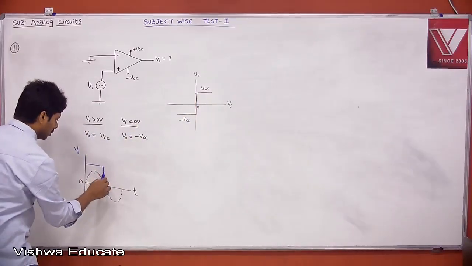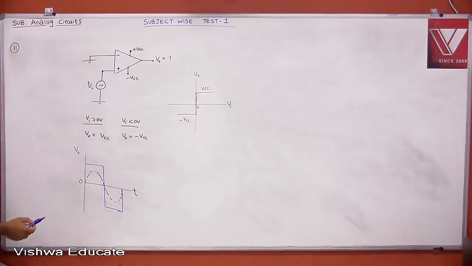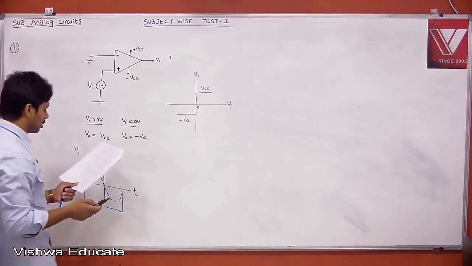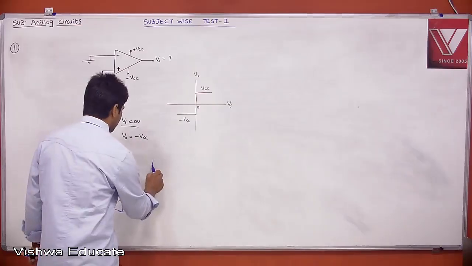When VA is less than 0, it is minus VCC. Therefore, what is the answer? Square wave. A sine to square wave converter, a Schmitt trigger with the same switching point.